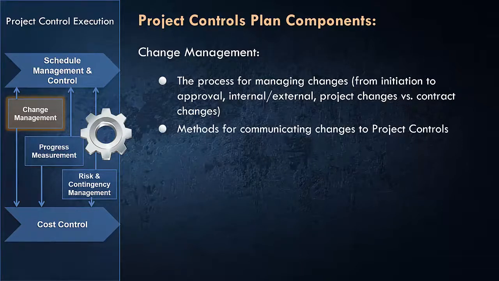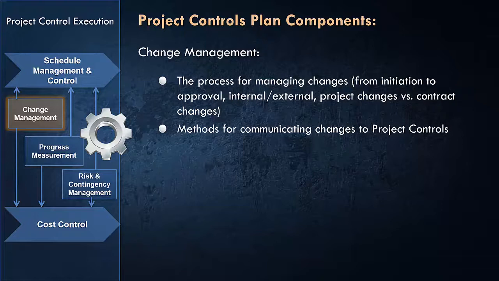Also, what is the method for communicating the changes to project controls? You might see in some projects, project controls is the discipline who is responsible for issuing the change orders and maintaining the change log and everything else related to the change. Sometimes you see a project coordinator or a project engineer or someone else who is assigned to the change management process of the project.